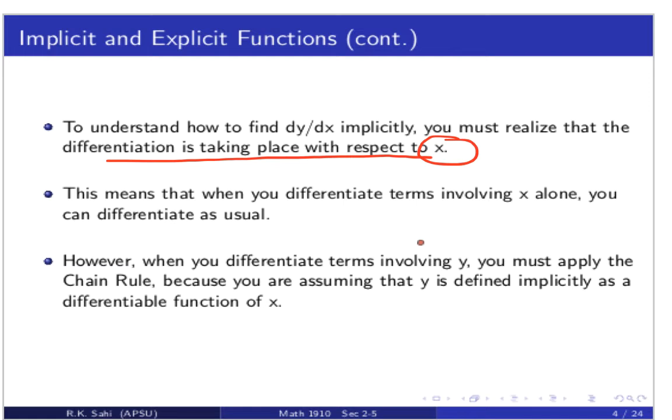But when you have differentials involving y, you have to apply the chain rule, because you're assuming here that y is defined implicitly as a differentiable function of x. So let's start looking at problems from a very simplistic angle, and then we will start doing difficult problems.